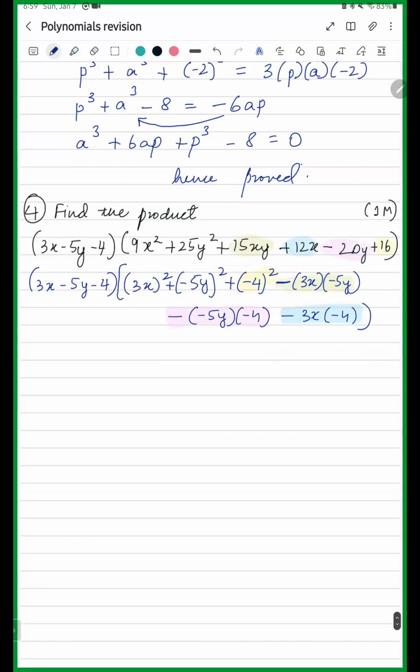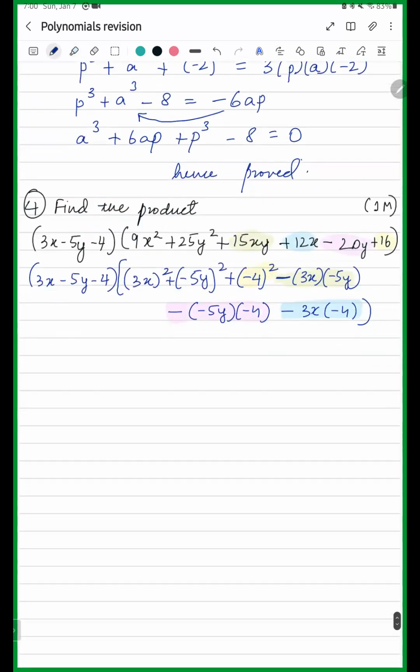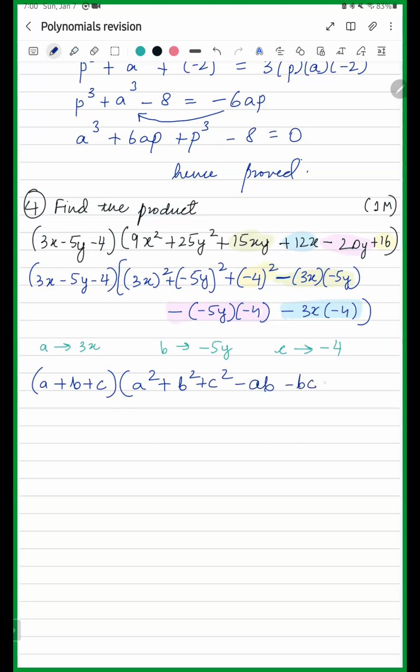So now we can write what we had written earlier, this one. If you had written it earlier also, no problem. You can write it here as well. So this becomes a plus b plus c into a square plus b square plus c square minus ab minus bc minus ca.